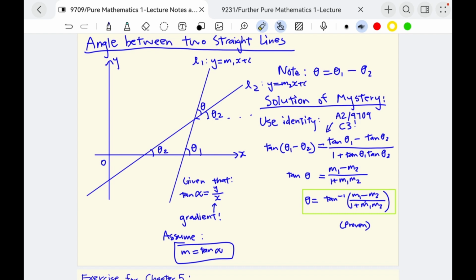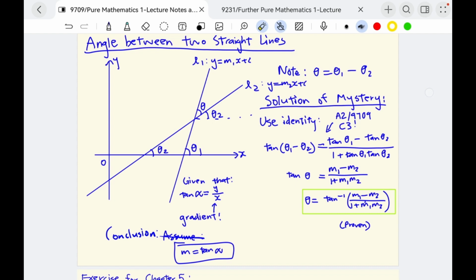So this is not an assumption. Sorry, that's my mistake, this is a conclusion. We can confirm that gradient is tangent theta, where theta is the angle subtended from the horizontal line.